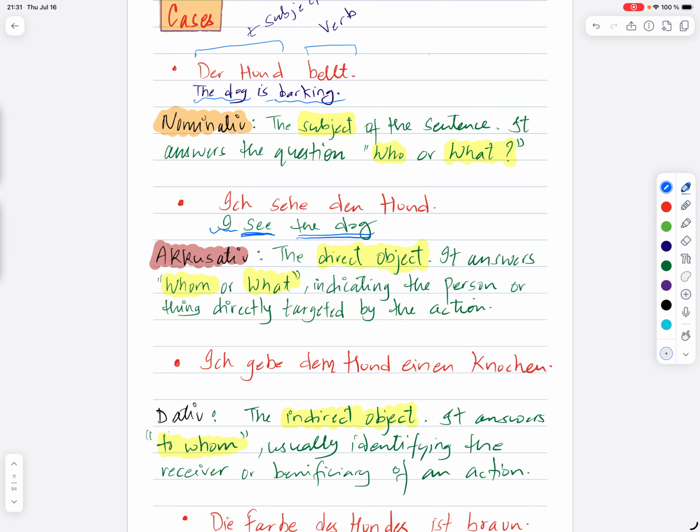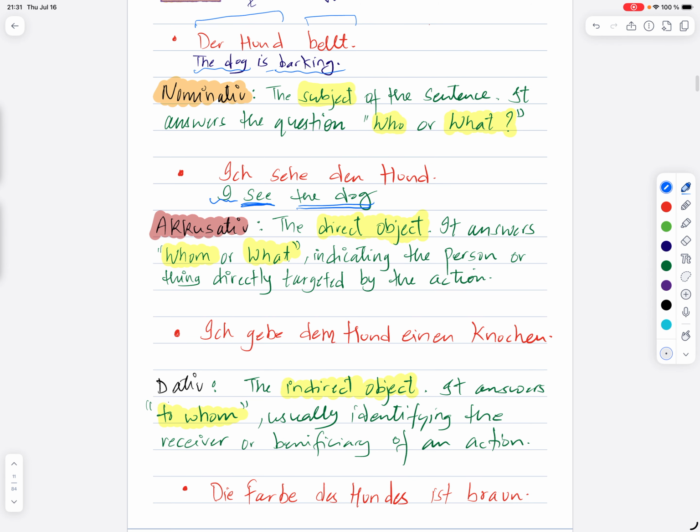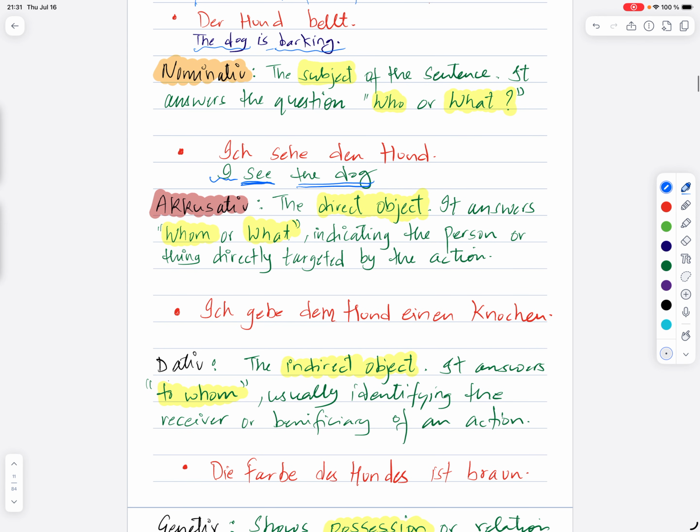Here, what is getting affected? I'm seeing a dog. This object can be a person or a thing. A person means a living thing, and a thing means a non-living object. So den Hund is an object, a person, which is directly affected by the action.